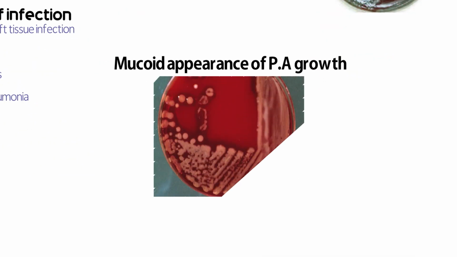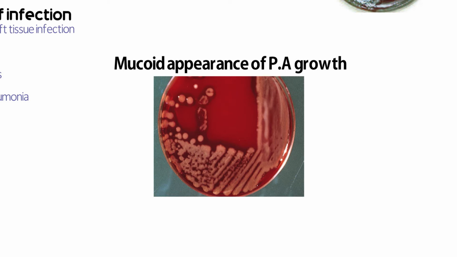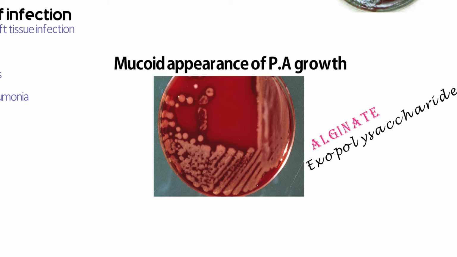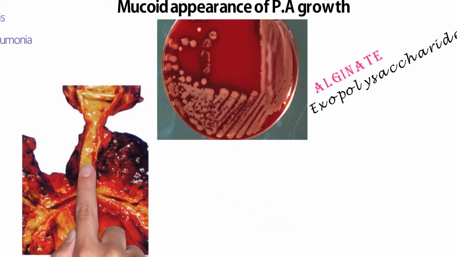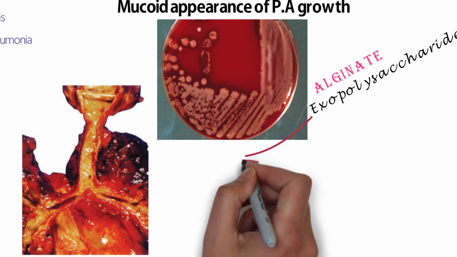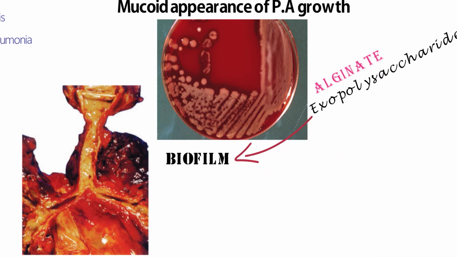See this picture which shows the mucoid appearance of the Pseudomonas growth. It is due to the overproduction of alginate. Alginate is an exopolysaccharide.